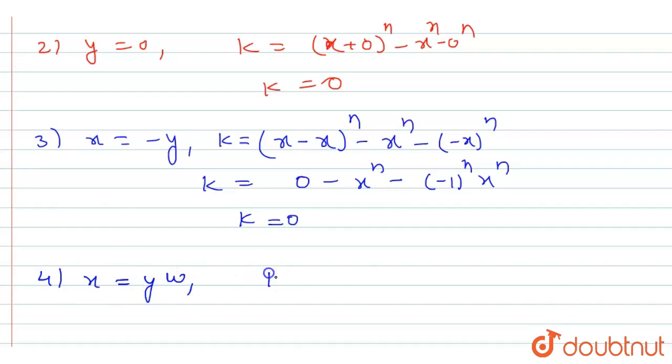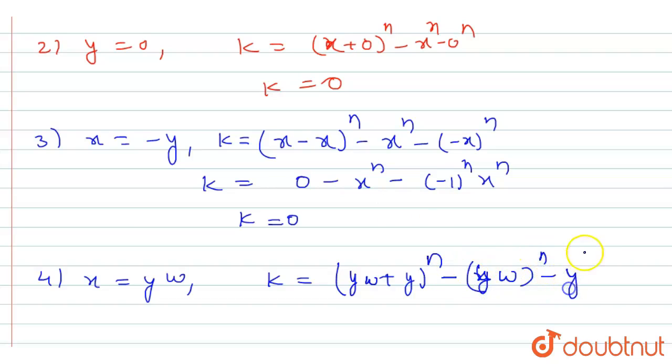On putting x equals y omega, our value of k will be (x plus y) to the power n, so it is (y omega plus y) to the power n minus x to the power n, which is minus (y omega) to the power n, minus y to the power n.